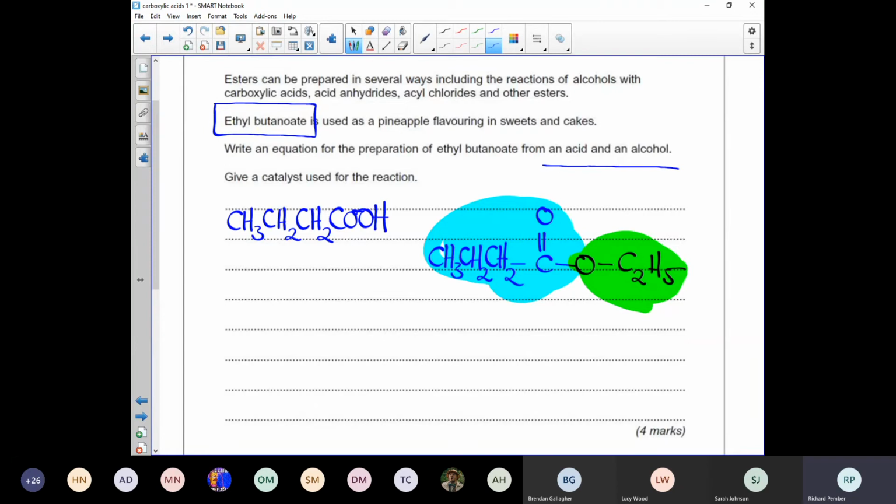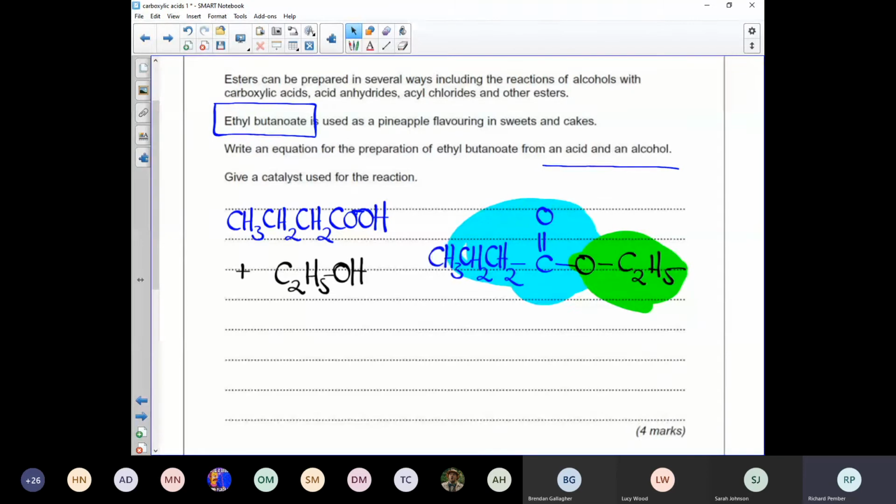I could have drawn the skeletal. I could have drawn them out as a displayed formula as well. And my alcohol just needs to be ethanol. So that and that make this.